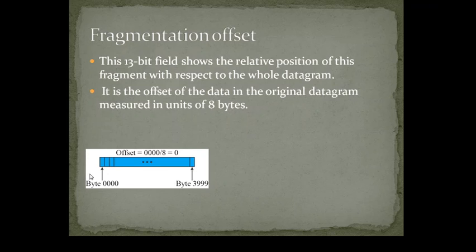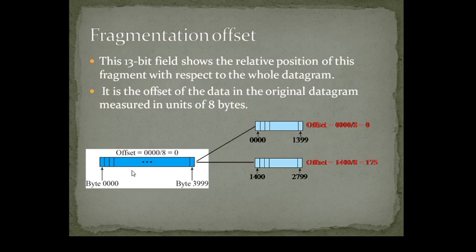Okay. So 0 to maybe 1399, say you wanted 1400 bytes, so 1399, right? And then the next chunk's starting address will be 1400. So now what happens, this 1400 is divided by 8.